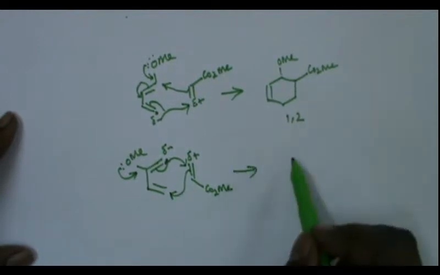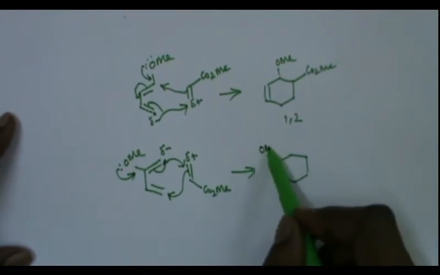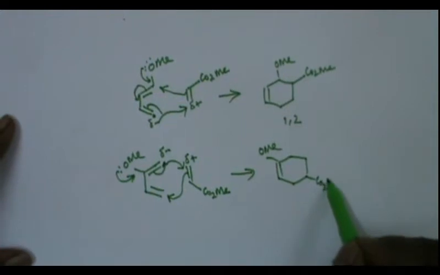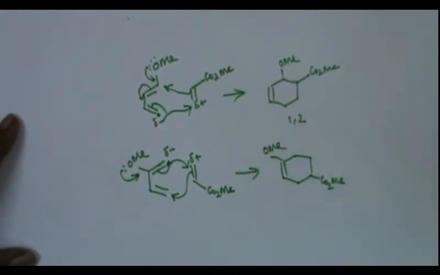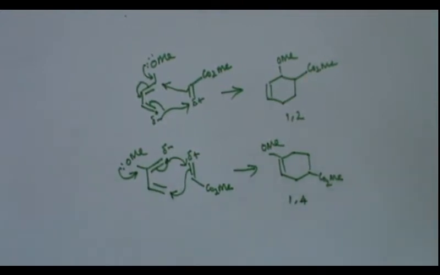So what we get is the 1,4 product. So easily you can remember 1,2 and 1,4 is more favored than 1,3. 1,3 will not be formed at all.